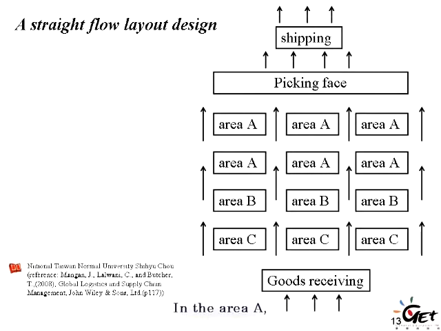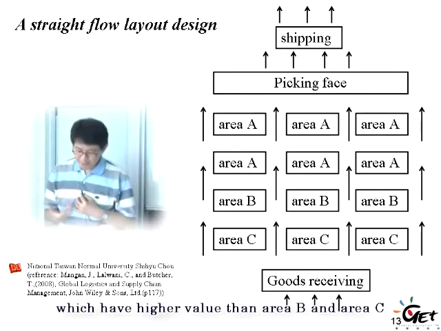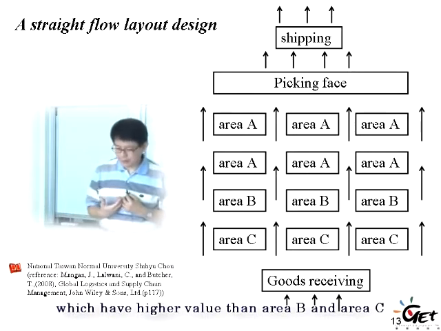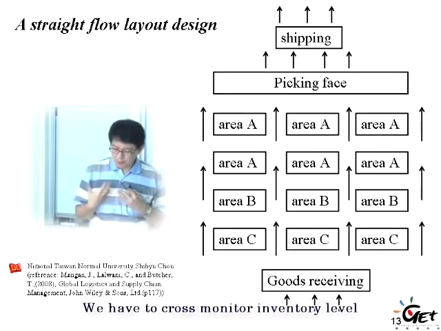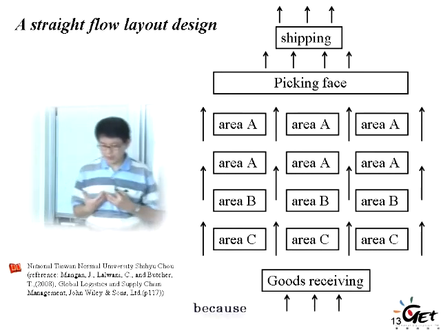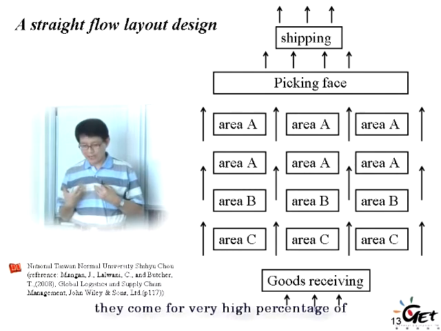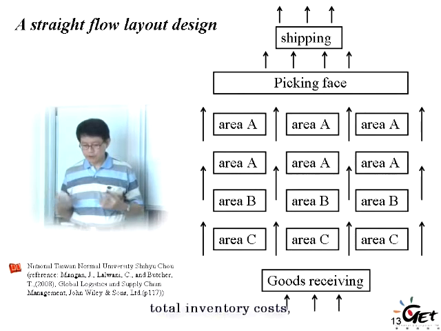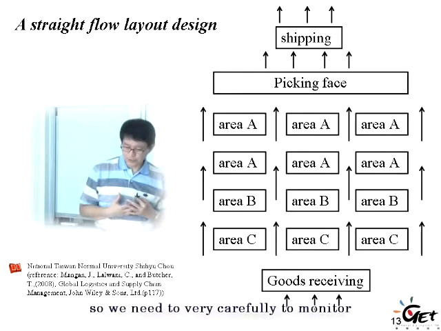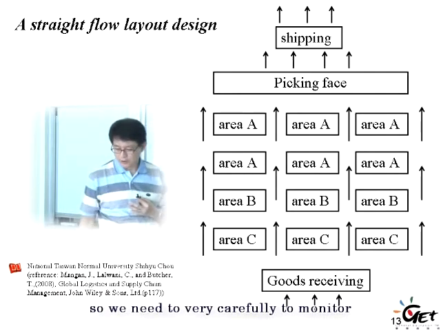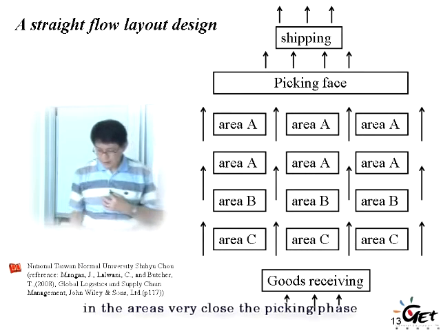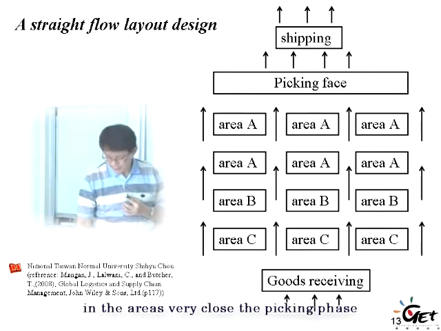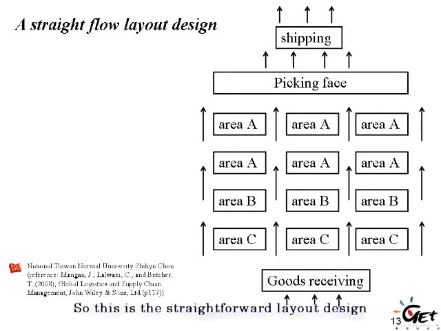So in area A, we have those items which have a higher value than areas B and C. And we have to very closely monitor their inventory level, because they account for a very high percentage of the total inventory costs. So we need to very carefully monitor their situations. Right? So we put them in the areas very close to the picking phase. So this is the straight flow layout design.